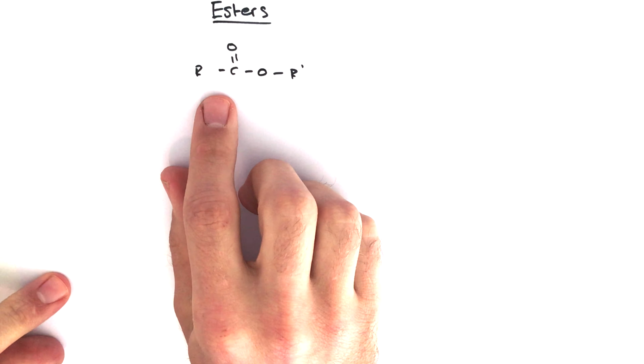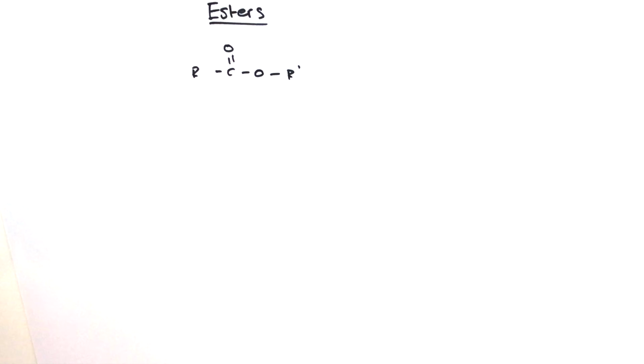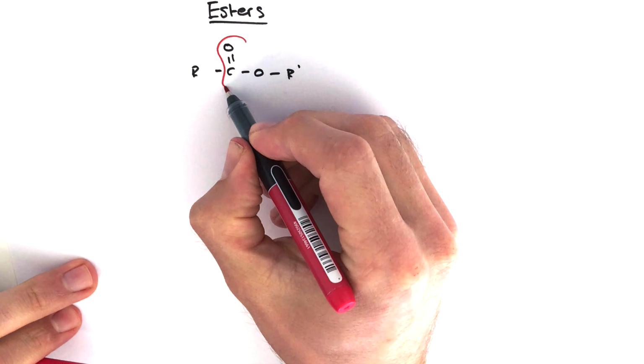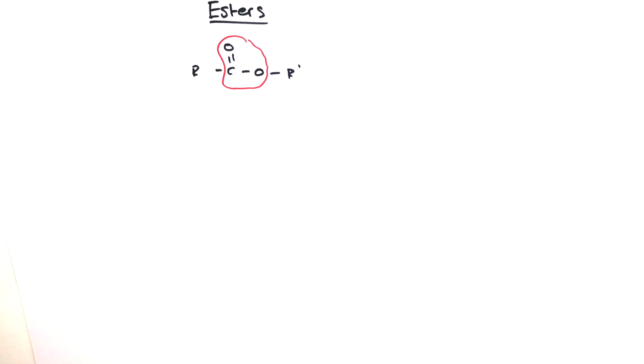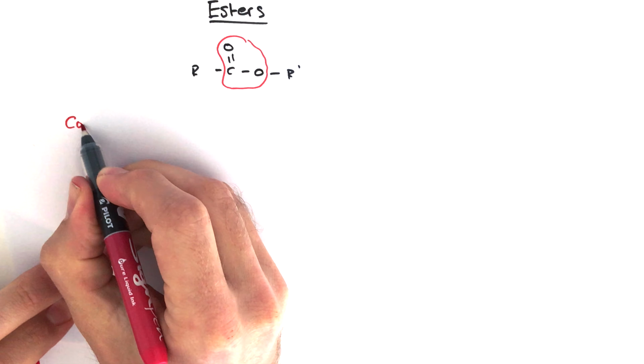Now what I've done first of all is I've drawn the functional group of an ester. So here in the centre we've got the carbon and two oxygens. When you see this together in a molecule, this is when you've got yourself an ester. Now esters are formed from two key parts. They're from a carboxylic acid.